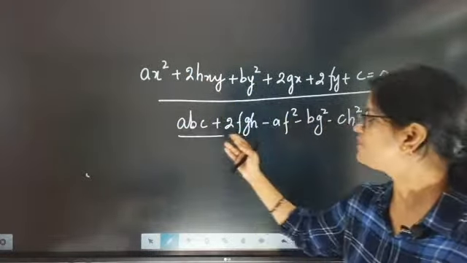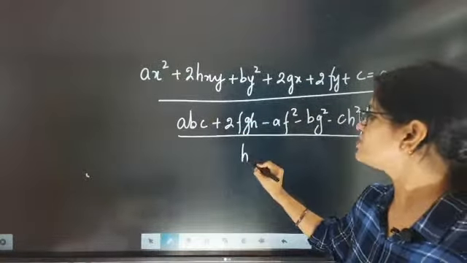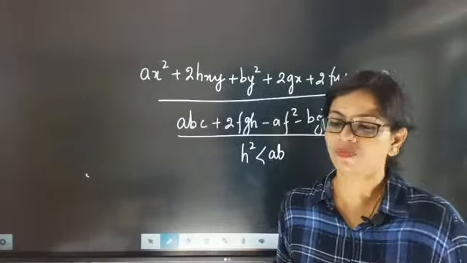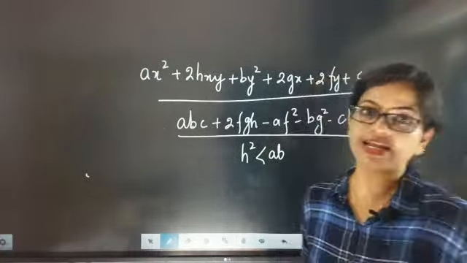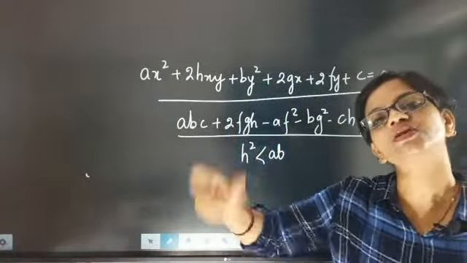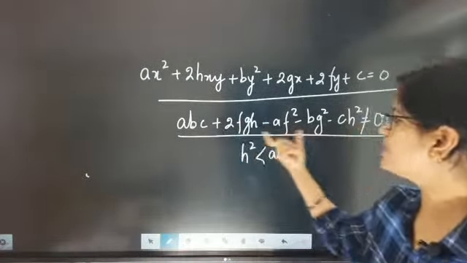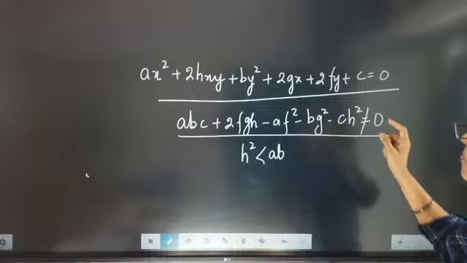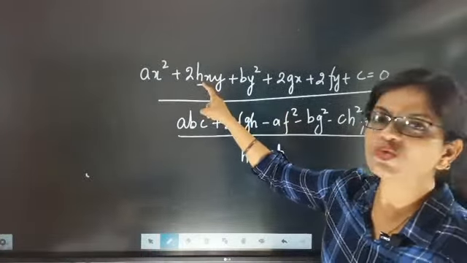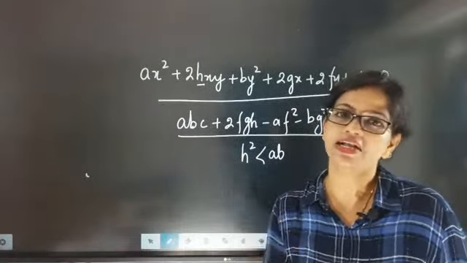So when this part is not equal to 0 and h square is less than ab, at that particular moment we can say that it is an ellipse. Here h is the coefficient of xy. Then only it will be presenting an ellipse.